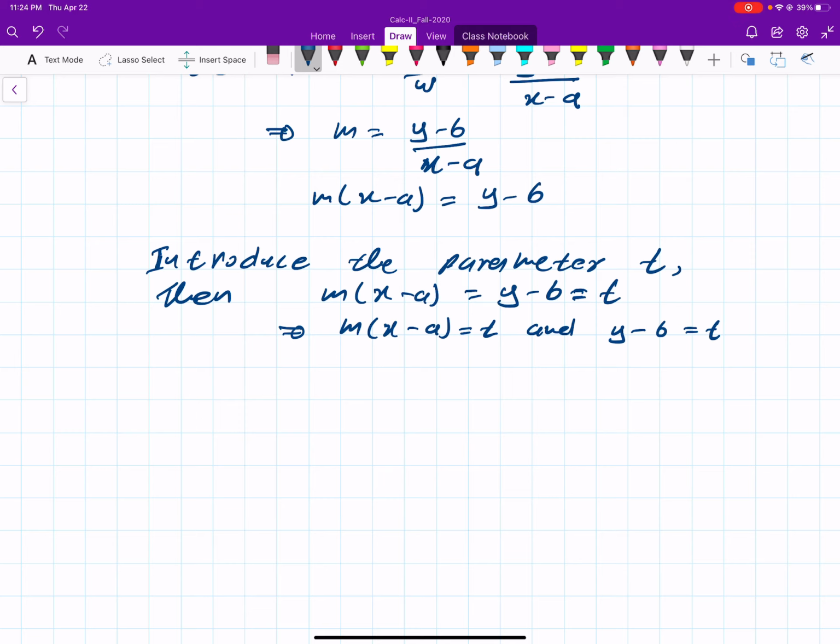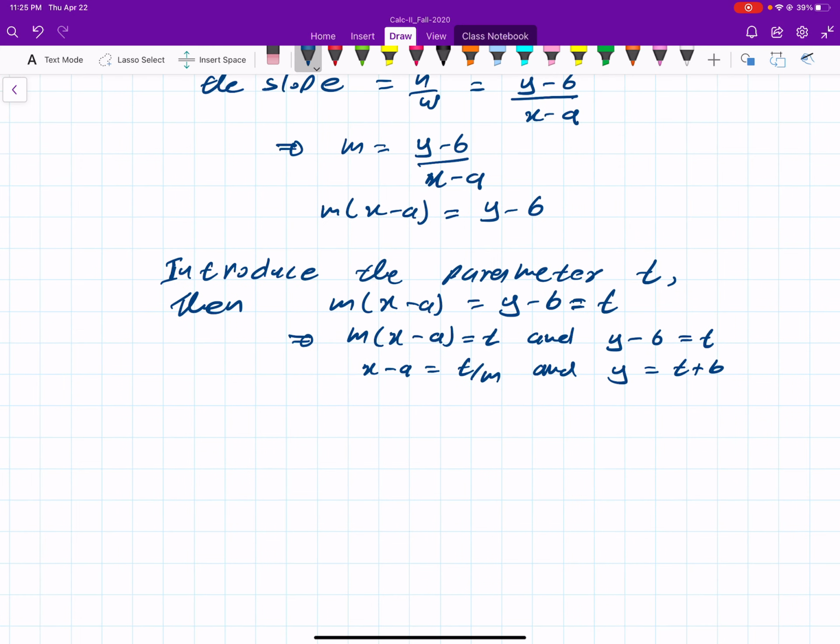Now you have to solve these two equations for x and y. If you solve this for x, it will be x minus a equals t over m, and here y equals t plus b, and x equals t over m plus a.